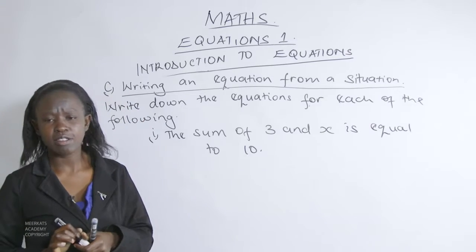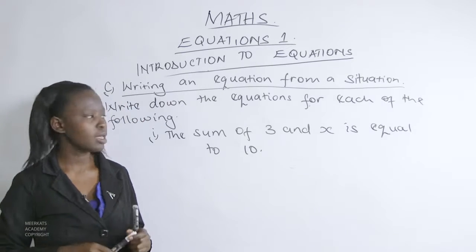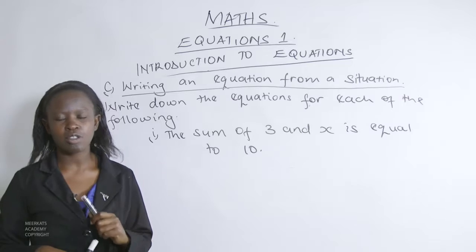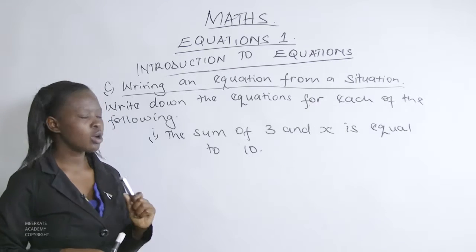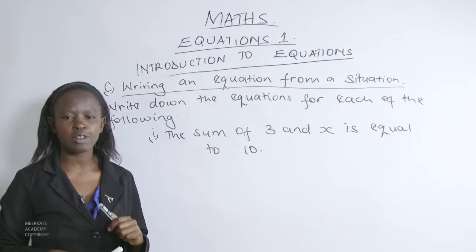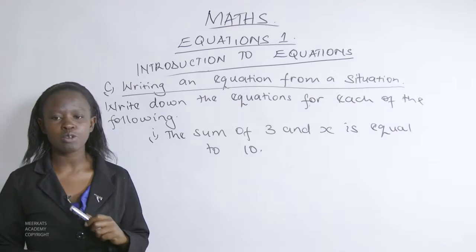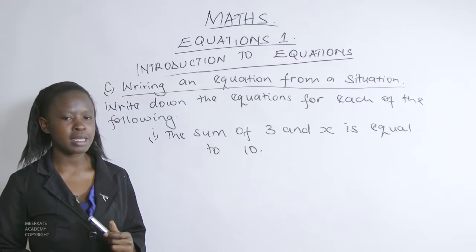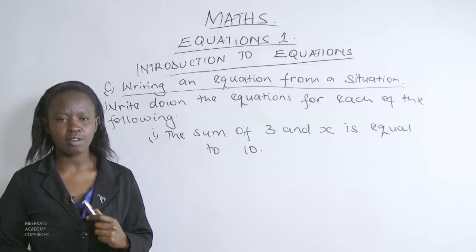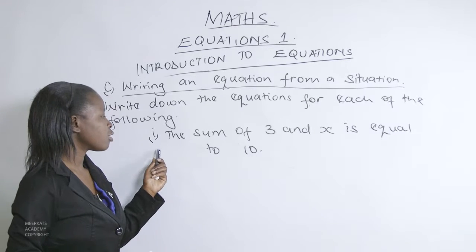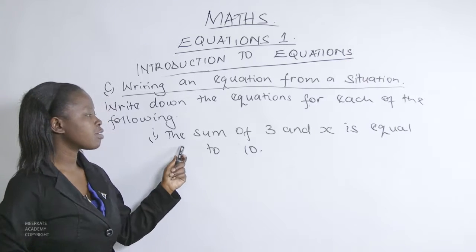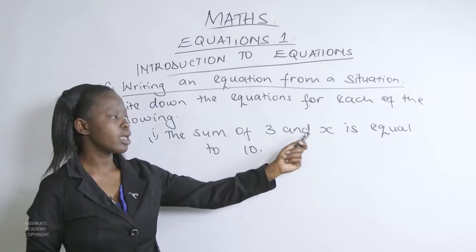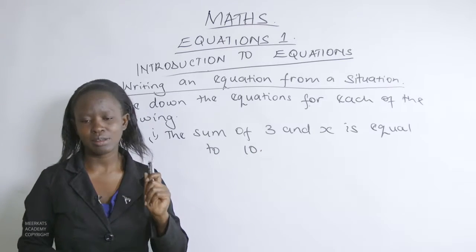When you are given a situation and you need to write an equation from it, it means that you have to read the situation carefully and understand the situation first before you go ahead and write the equation. So in the first situation, we have the sum of 3 and x is equal to 10.